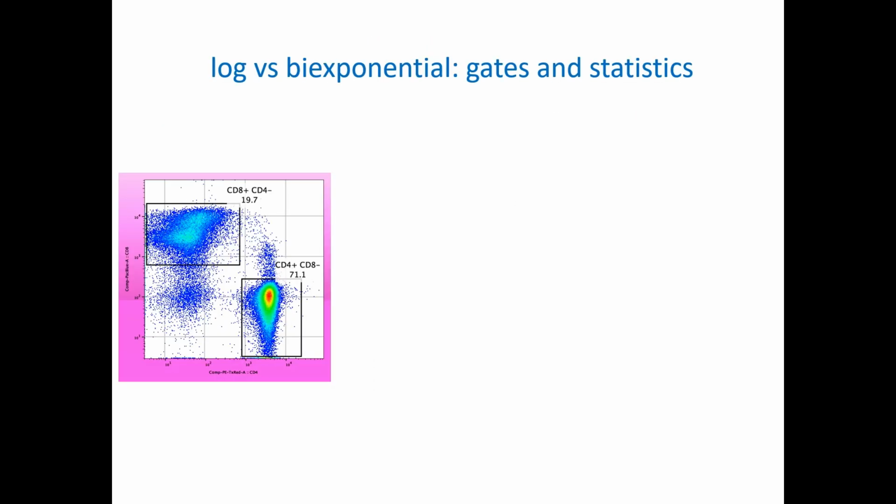This visualization of log versus biexponential scale can have a drastic effect on the identification and the statistics of the populations of interest and can falsify your experimental results. Here we've drawn a gate on the log display to cover what we see as the CD8 positive, CD4 negative population with a percent positive of 19.7.